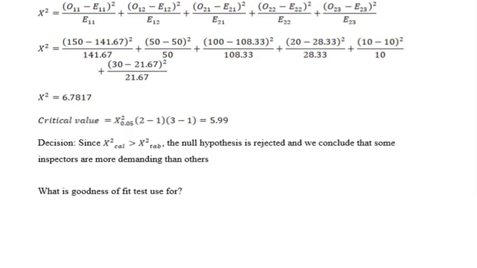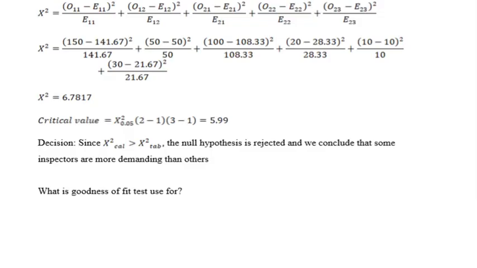Then we take our rows, how many rows, minus 1, that is 2 rows, 2 minus 1, and how many columns, 3 columns, 3 minus 1. Then we check this in our chi-square table, and it will give us 5.99.